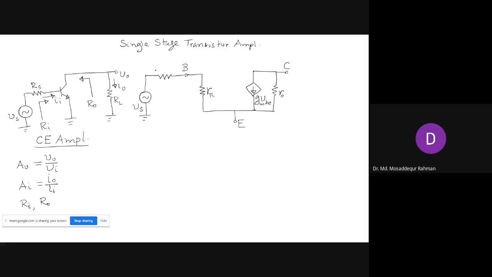The emitter is grounded, so just ground the emitter. At the output side, we have the load resistance RL connected.